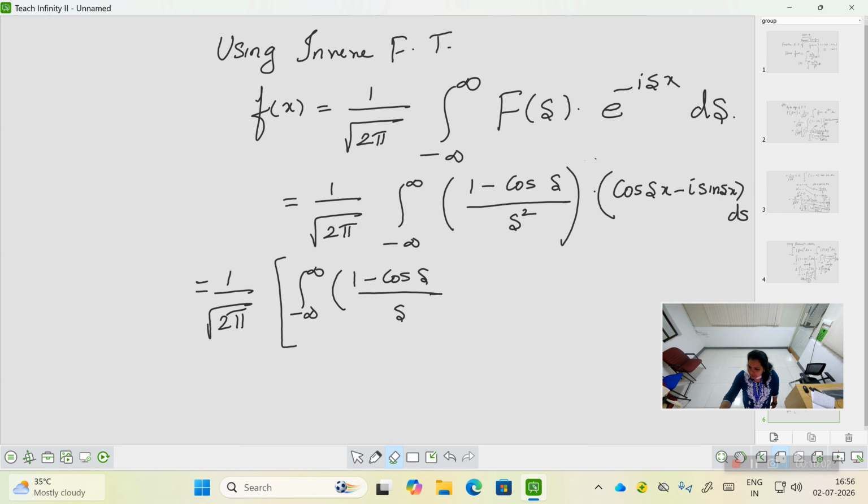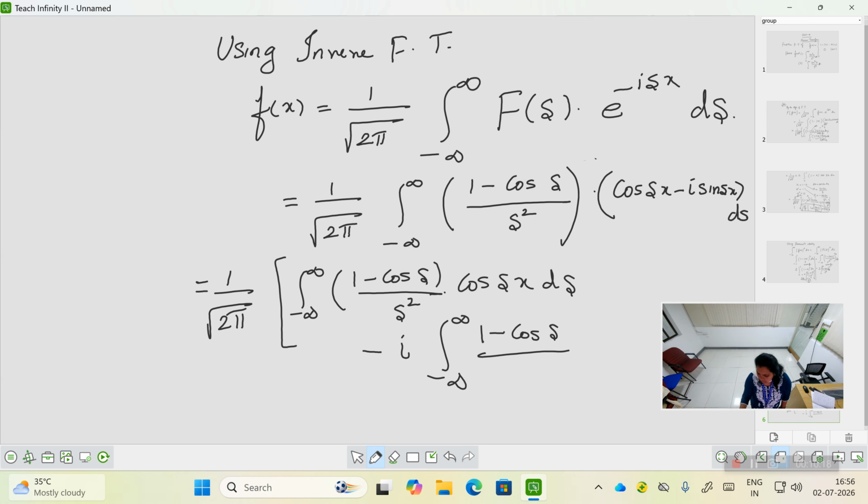We are not squaring, is it? We are substituting the term, that's it. So divided by s square, cos sx ds, minus i into minus infinity to plus infinity of 1 minus cos s divided by s square sin sx ds.